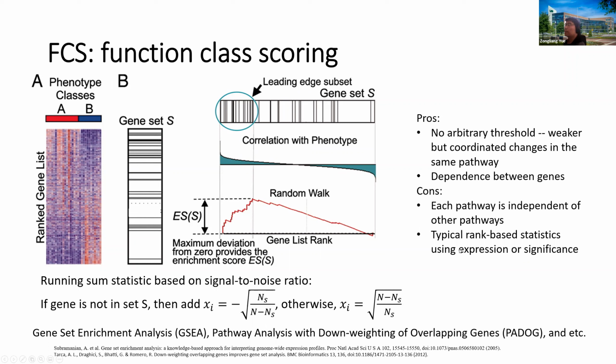And the typical rank-based statistics using expression or significance can yield some biases. Some genes may have stimulation in the pathway and some may have inhibition. Solely considering them as co-expressed, we should think that the upregulated genes in the first category and the genes in the downstream category should have a synergistic effect in the pathway enrichment instead of an antagonistic effect.